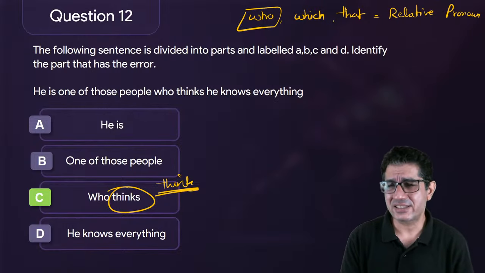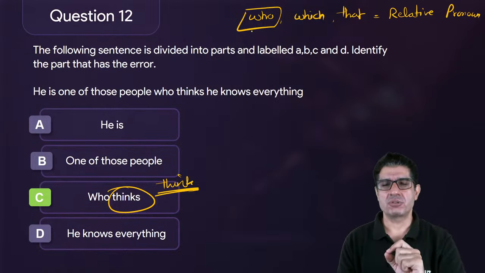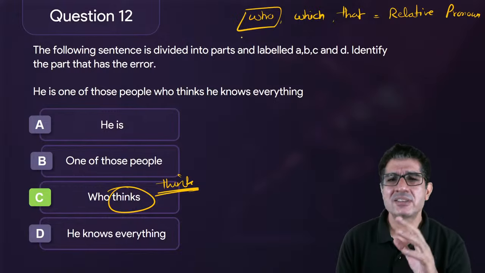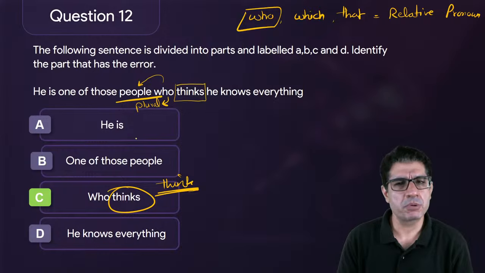Well, it all depends on the noun that it refers to. And which noun does it refer to? The noun that is close to it. In this case it is people. And you know, people is plural, and therefore the who will also be considered plural. And when the subject is plural, the verb must also be plural.